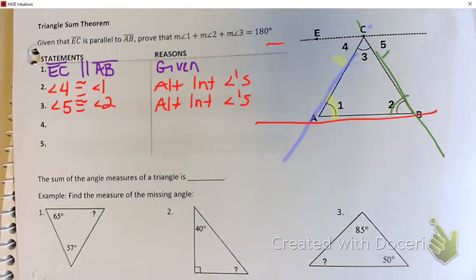Okay, besides all that information that we just came up with, is there anything else we know specifically about these three angles? 4, 3, and 5. Is there anything you know about angle 4, angle 3, and angle 5?